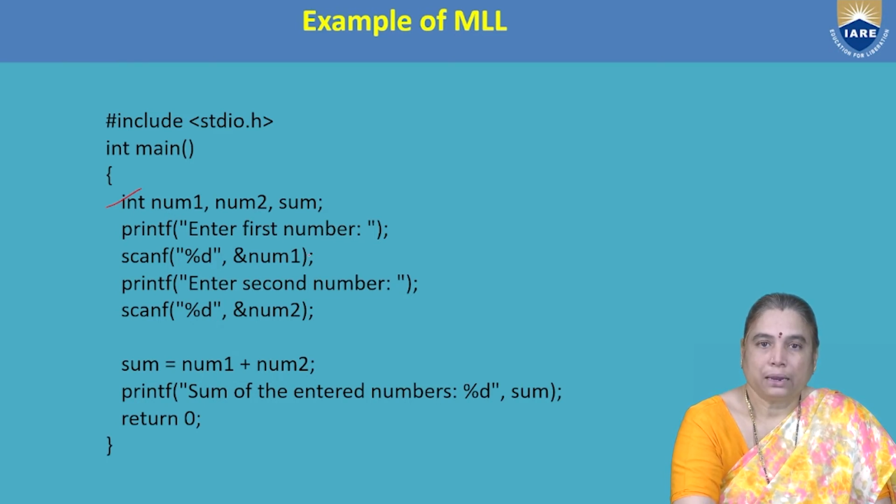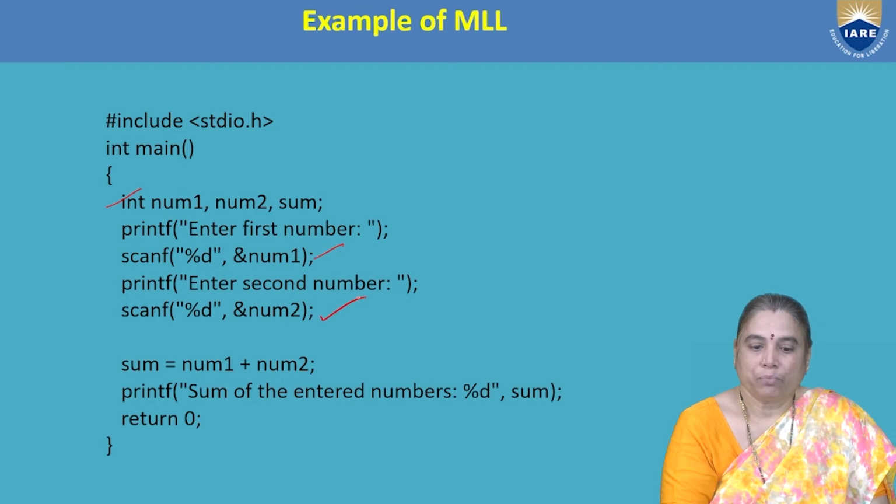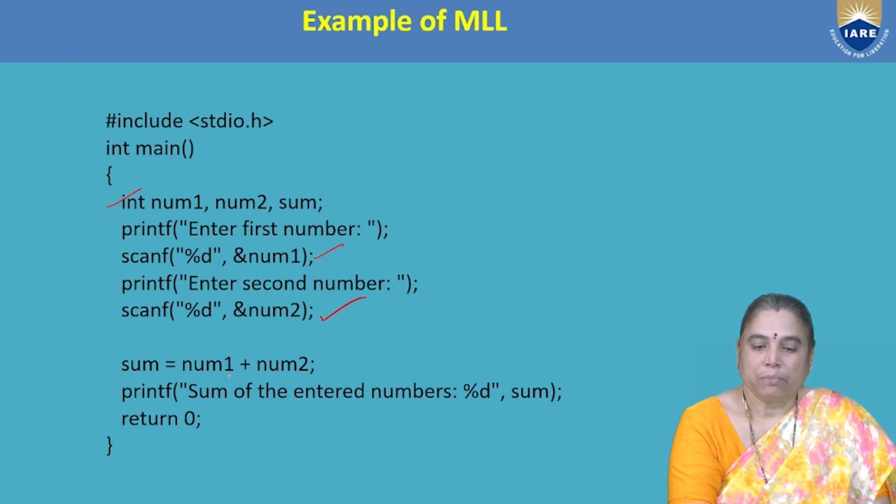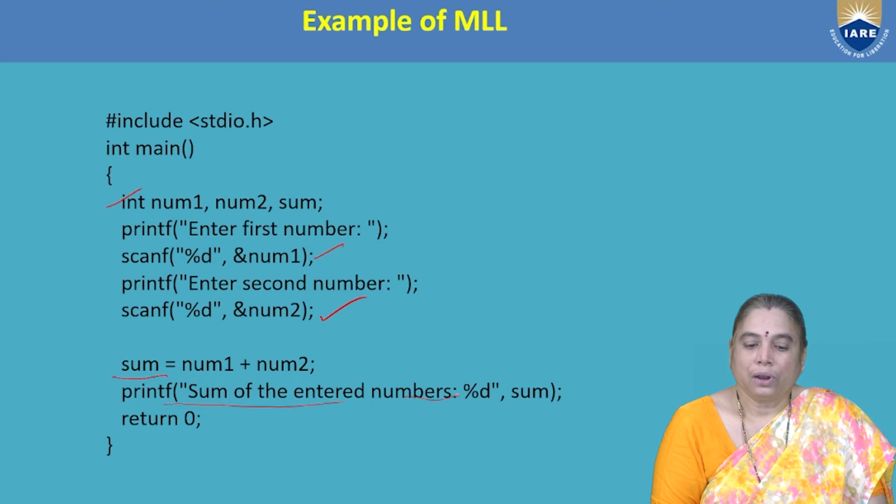The first number is taken from the user, the second number is taken as input, and both numbers are added here. The sum is stored in another variable and the sum is printed. Like this, you can write high level language programs, or by using the ASM facility, an assembly language program can also be executed.